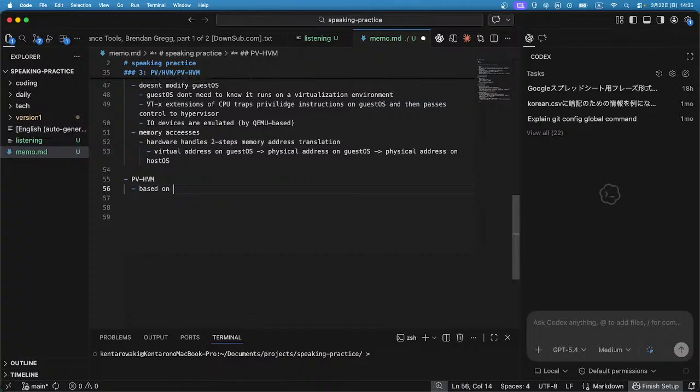Based on HVM, but it uses PV driver for I/O.